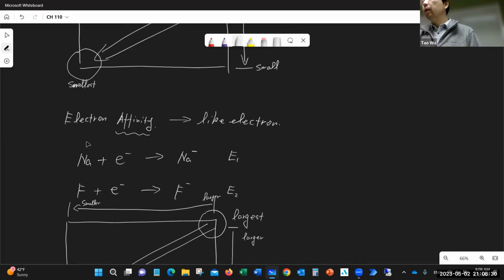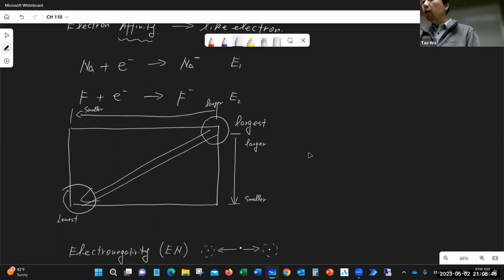Then we also talk about the electron affinity, which is about which one likes electrons. If you give one electron to these elements, which one will give you more energy? In this case, still the same trend. Still the top right parts like to gain electrons.